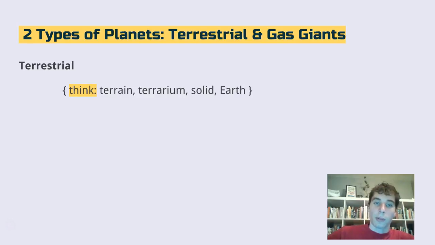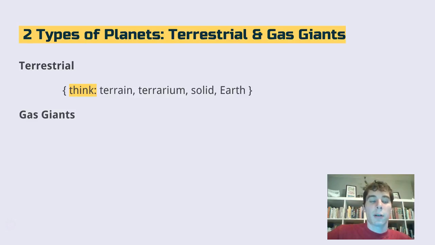Terra is made out of earth. So terrarium is an earth cage like we have in the back of the classroom, and terrain is the type of earth or material that's on the ground. So when you hear terrestrial, think terrain, terrarium, think solid, and planet Earth is a prime example of a terrestrial planet. It is a solid, rocky planet.